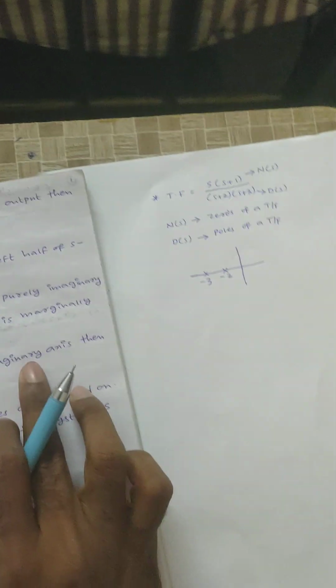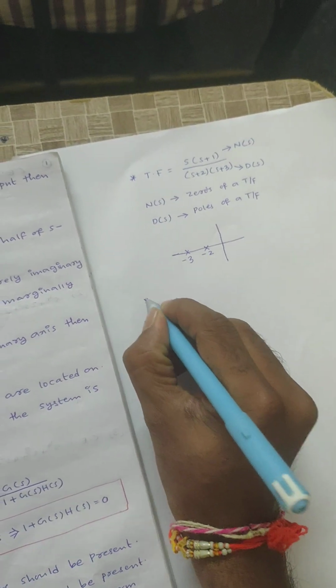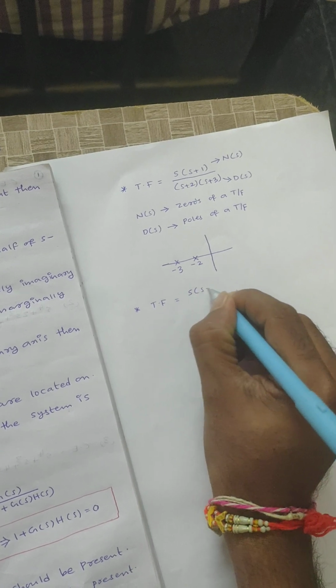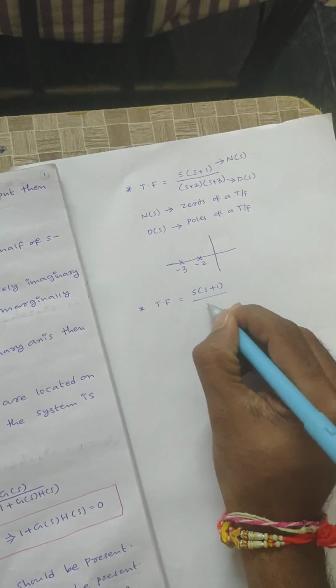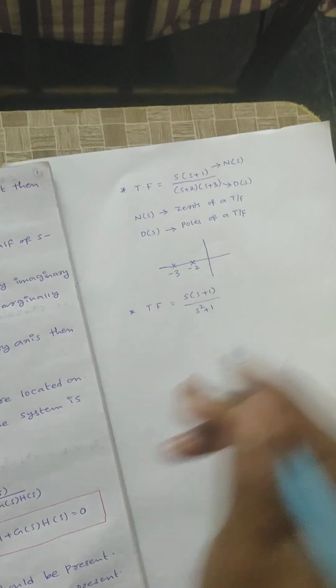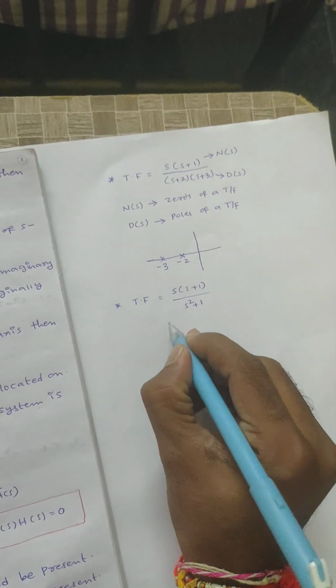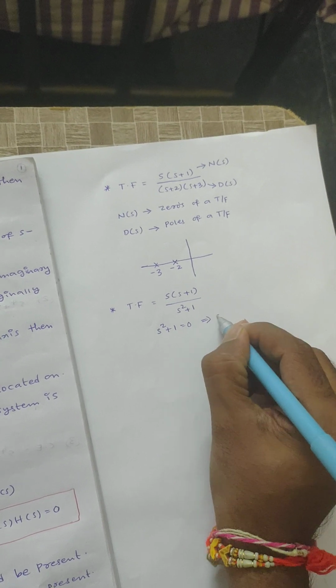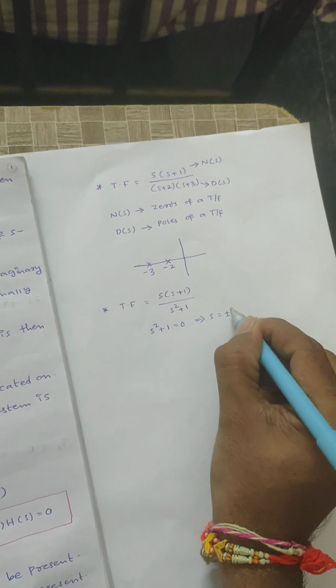Okay, next, second point: if all poles are located on the purely imaginary axis or origin, then the system is marginally stable. Suppose we consider a transfer function S into (S plus 1) by (S square plus 1). Here the poles are given by S square plus 1 equals 0. Then S equals plus or minus j omega, right?